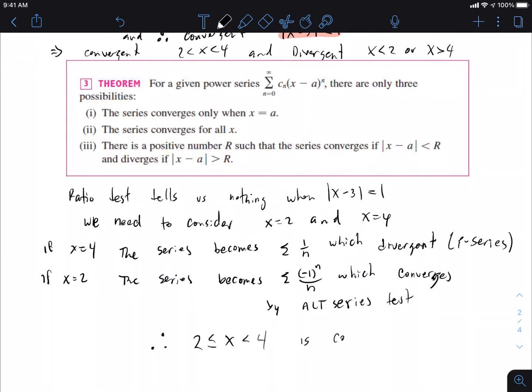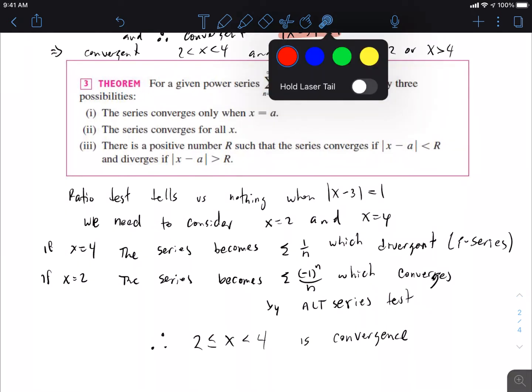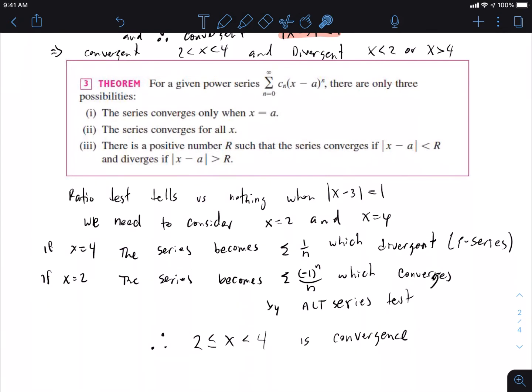This is the convergence interval. Okay? We can talk about this in more detail as we do examples in class, but we're going to have to be addressing the endpoints now more and more as we go. Okay? So now going to this theorem tells us that if we're given a power series centered at a, there are only 3 possibilities, right?